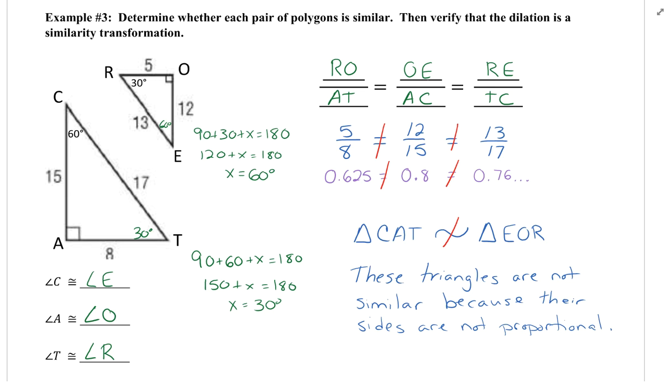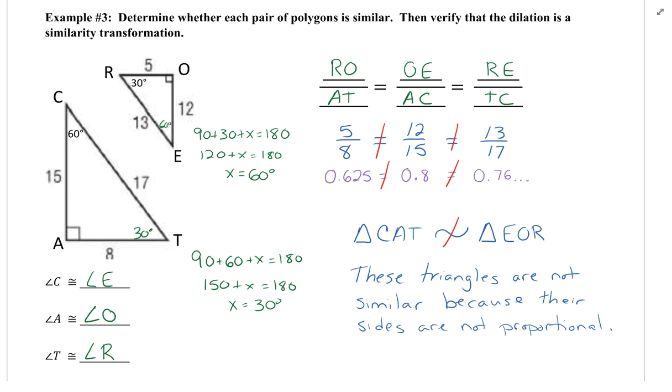And so when we plugged in the side values for each of those segments and then divided, we could see very clearly that those side lengths had three different ratios. And therefore, triangle CAT is not similar to triangle EOR.